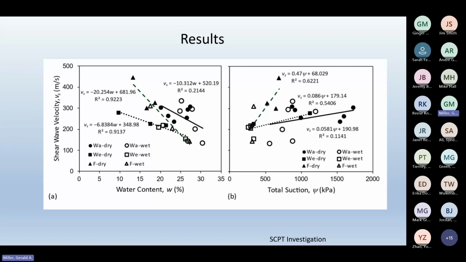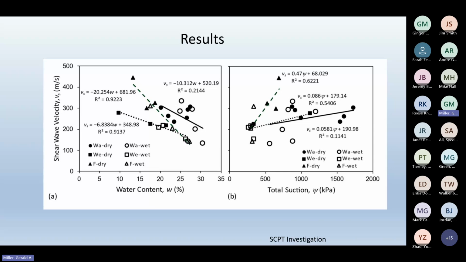So again, here's a very simple way to think about how to estimate changes in shear wave velocity based simply on changes in water content. So if you're testing in the dry and you want to see what happens when it gets wet, estimate your future moisture content, or look at a delta of 5 or 10% and see how that shear wave velocity might change just using one of these slopes.